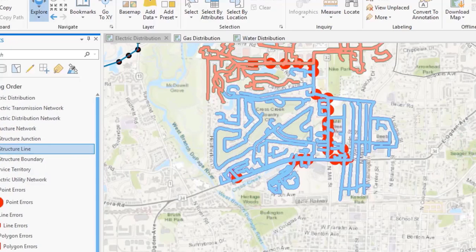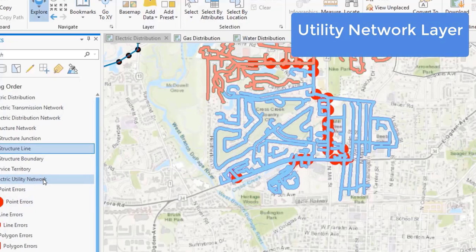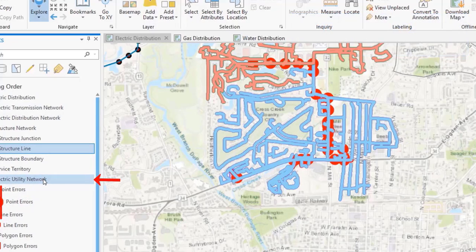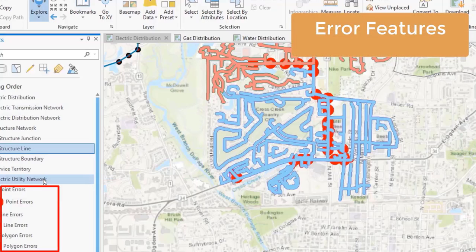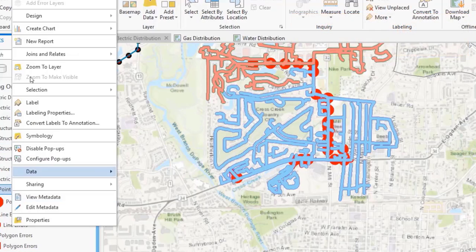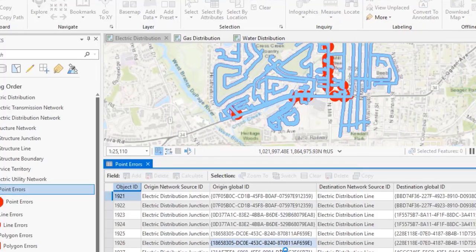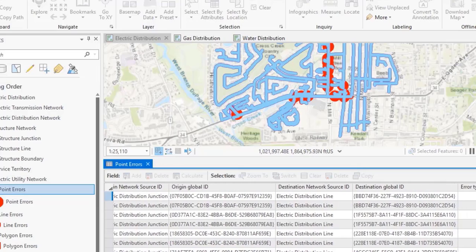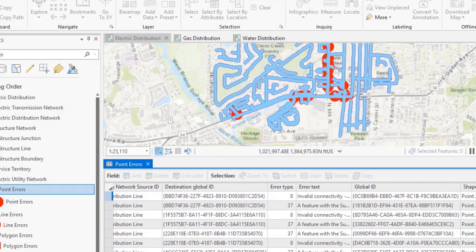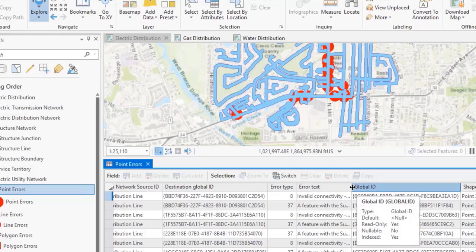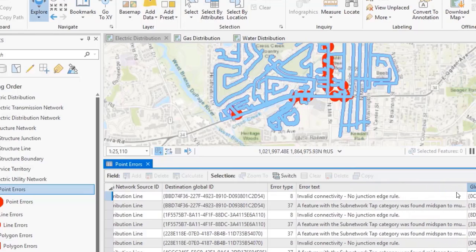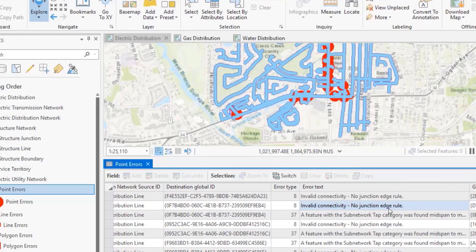Now, I briefly mentioned the utility network layer. So these error features represent things where connectivity may not be correctly configured. We either need a rule or we've got some sort of violation in place, or there's some sort of constraint, or even it could be that an attribute value is missing that enables the rule to fire.